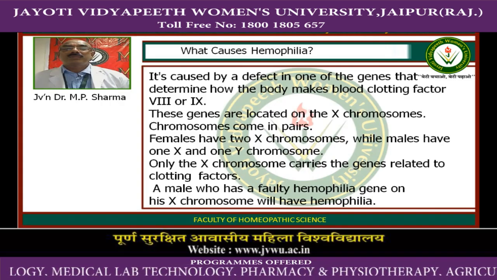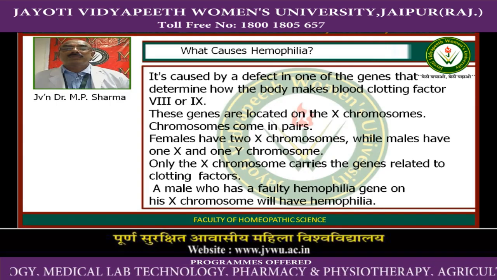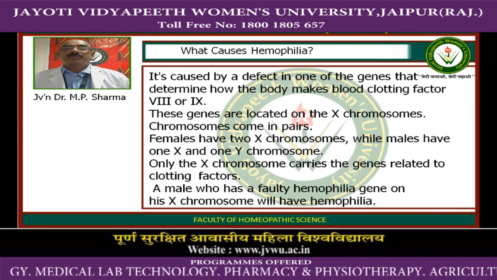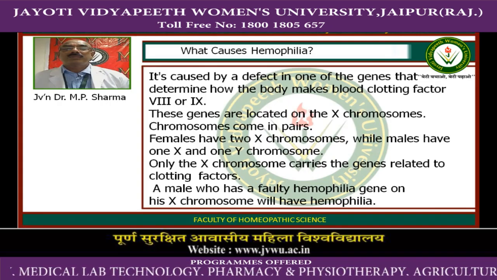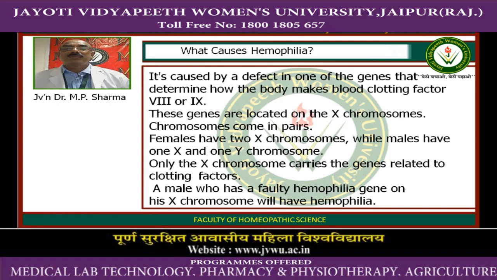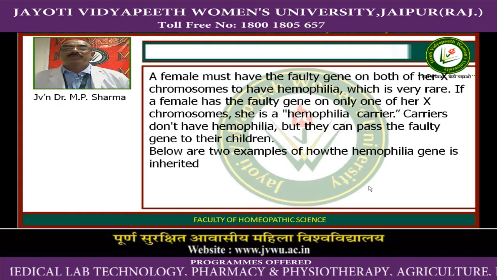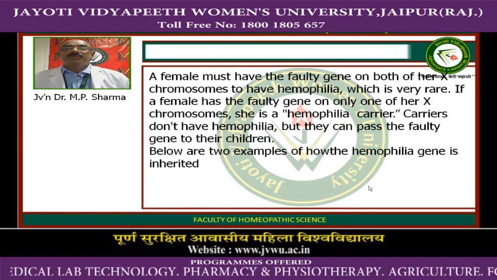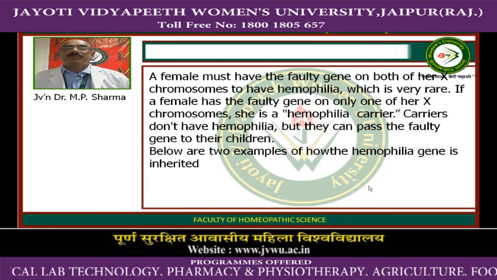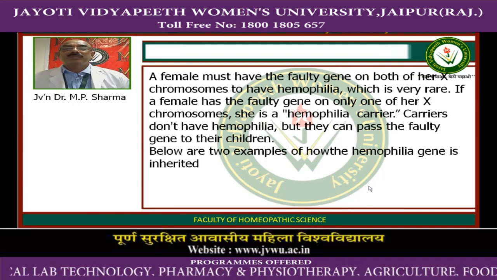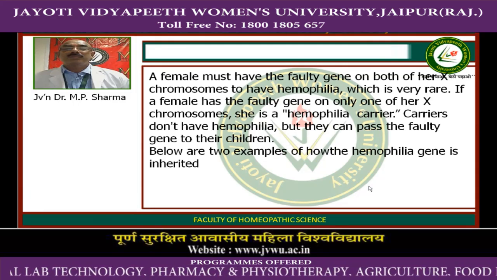A male who has a faulty hemophilia gene on his X chromosome will have hemophilia. A female must have the faulty gene on both of her X chromosomes to have hemophilia, which is very rare.